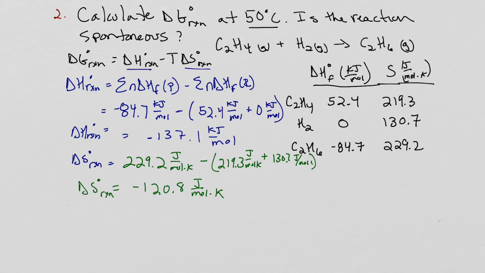So now I have a value for my delta H of reaction and my delta S of reaction. So now I can go ahead and plug it into my overall equation for delta G. The delta G of reaction equals my delta H, or minus 137.1 kilojoules per mole, minus the temperature.